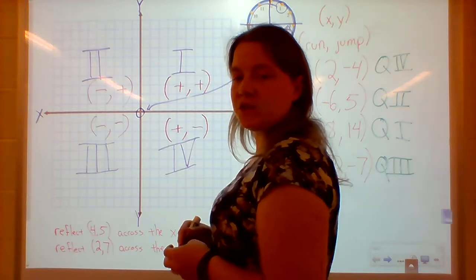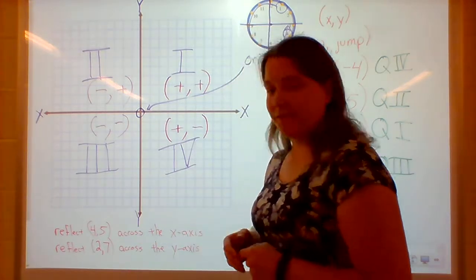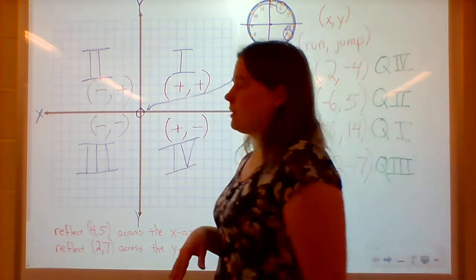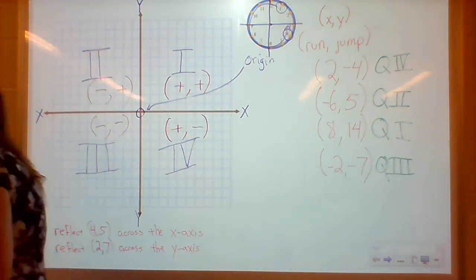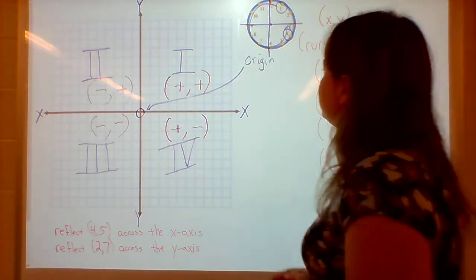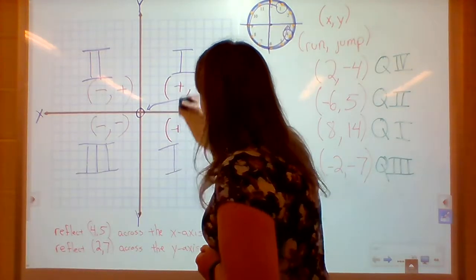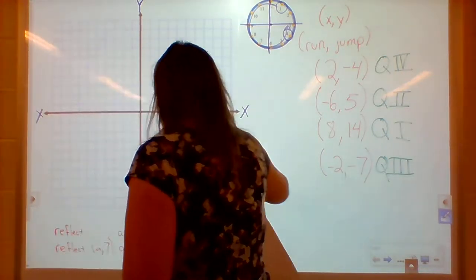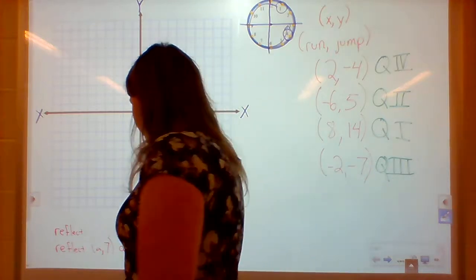The next thing that you need to know about is reflections. And reflections are going to be like looking in a mirror. Give you a second to look at everything that's up here. Great. So what I'm going to do is I'm going to erase all of this, including part of the problem.